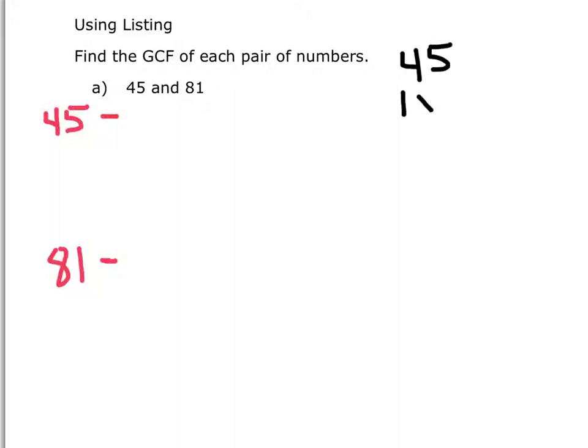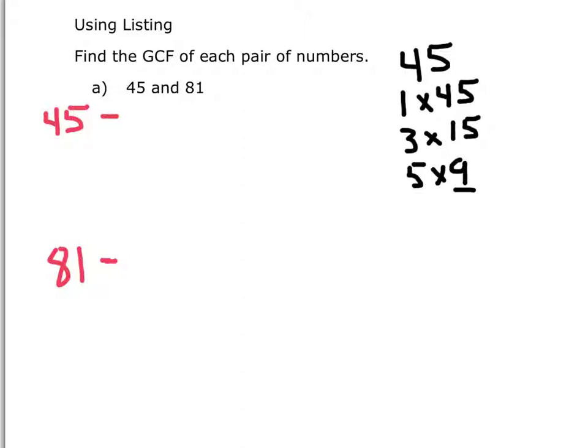I know the one fact is 1 times 45. 2 times something won't give me 45. 3 times 15 is 45. 4 won't work. 5 times 9 is 45. 6 won't work. 7 won't work. 8 won't work. 9 works, but it's already there.